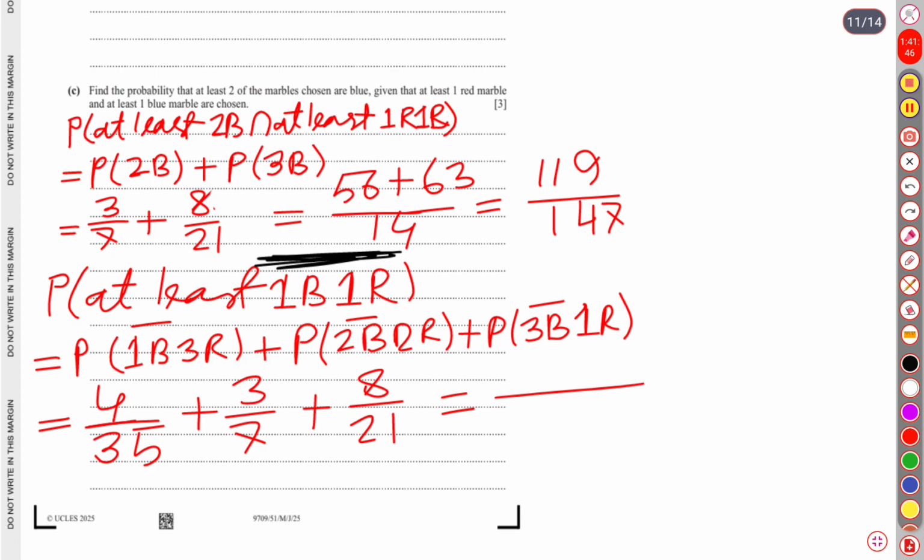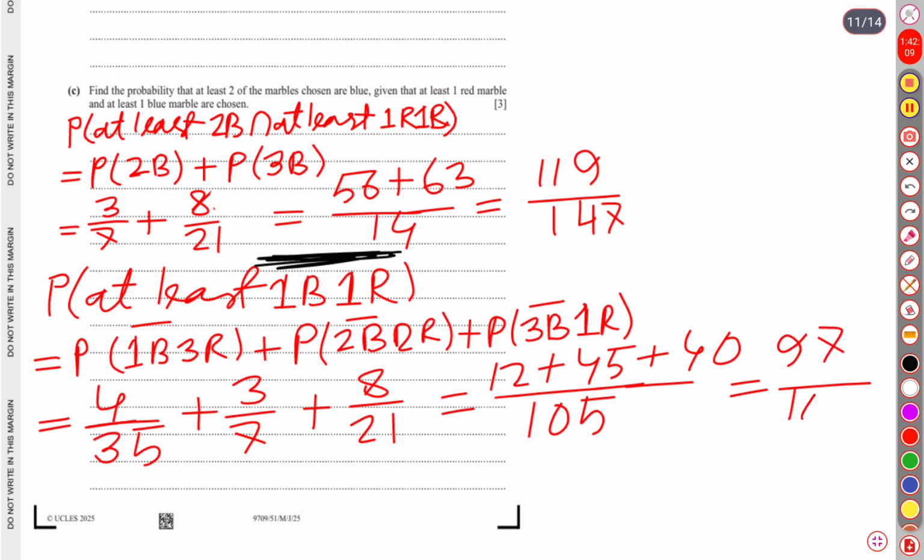Then if we simplify, 105 is our LCM. Then 12 plus 45 plus 40. If we simplify it more, it is going to be 97 over 105. Then we are going to find our final probability.